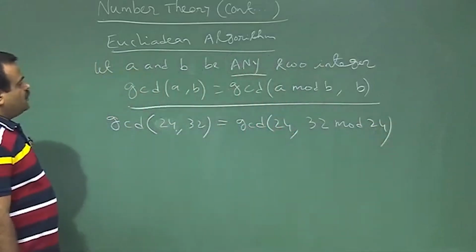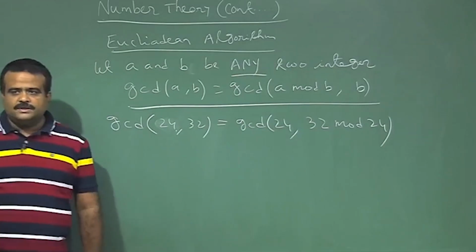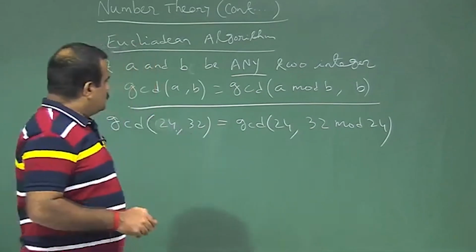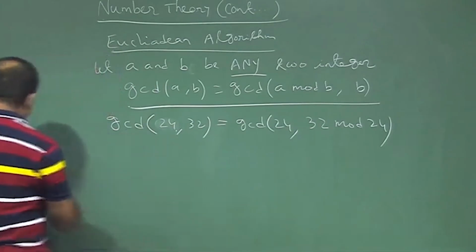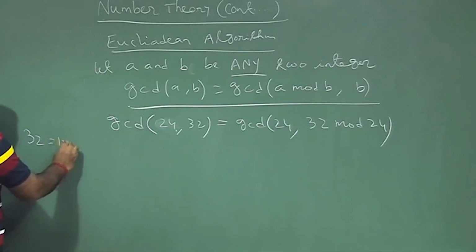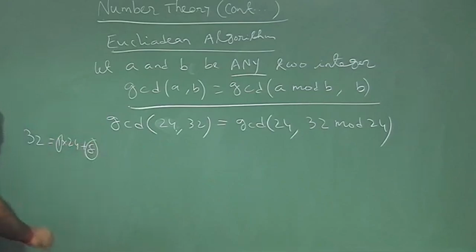Now, 32 mod 24 means if we divide 32 by 24, then the remainder is basically 32 mod 24. This is 8, because 32 is 1 into 24 plus 8. So, this is Q, this is R, the remainder.